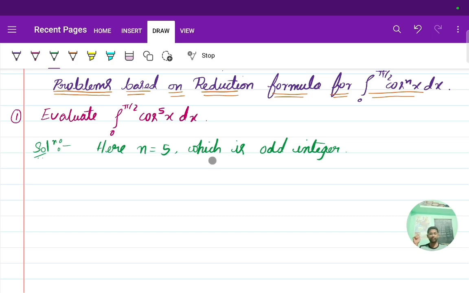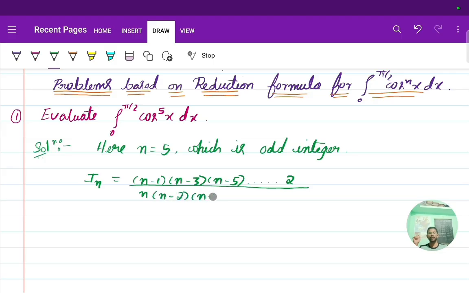The formula is In is equal to (n minus 1)(n minus 3)(n minus 5) and so on up to 2, whole divided by n(n minus 2)(n minus 4) and so on up to 3 into 1.